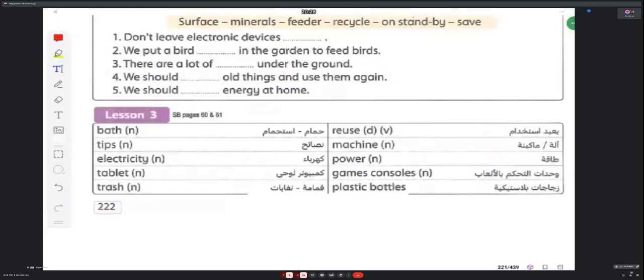Lamar. Bath, tips, electricity, tap, tablet, trash, reuse, machine, power, games consoles, plastic bottles.